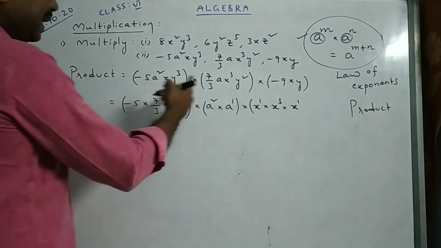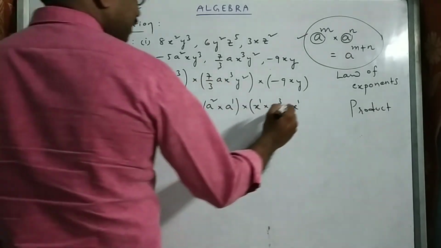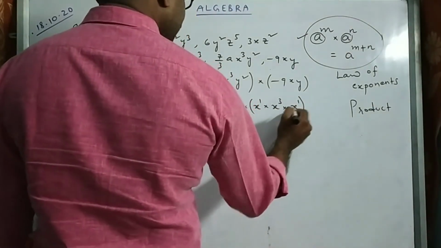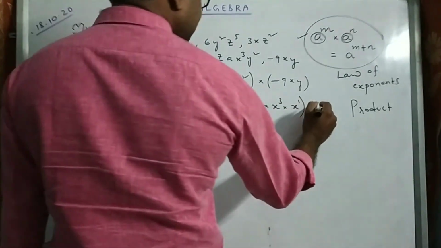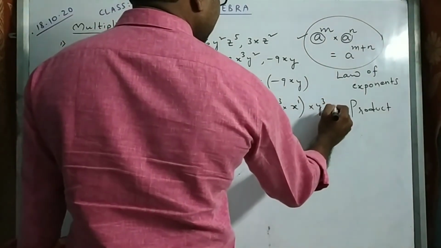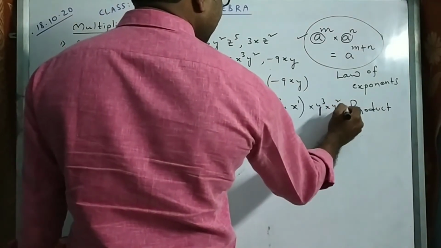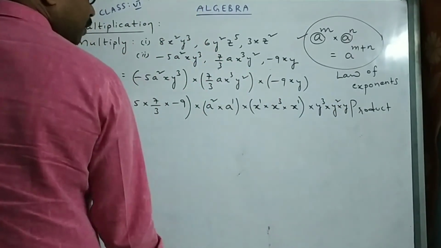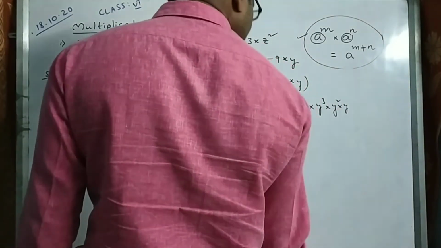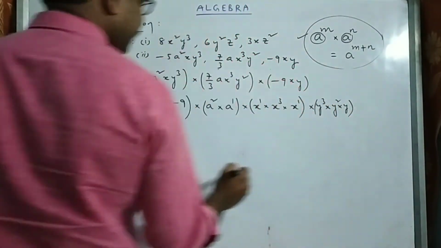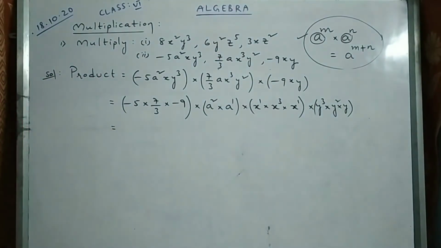X cube, x power 1. Okay? Into y terms you see y cube, y square, y. Okay? Y.